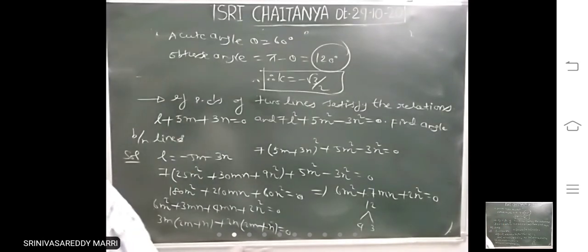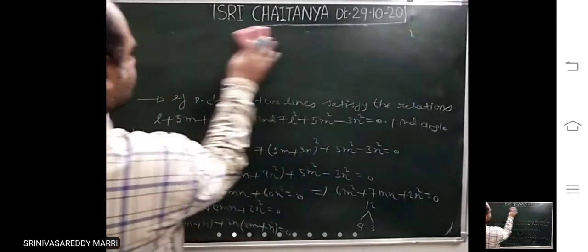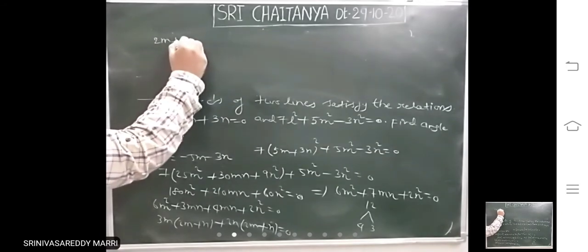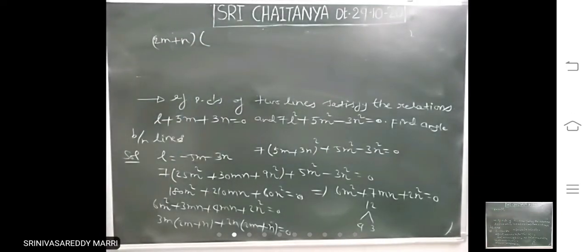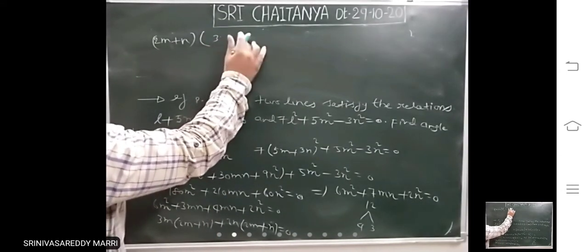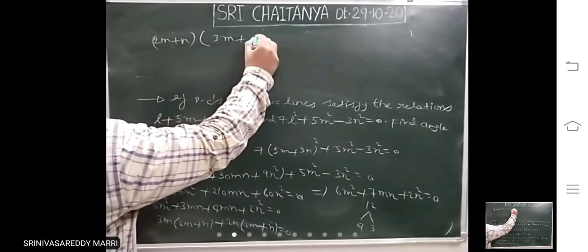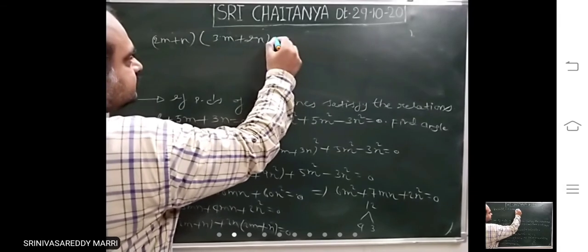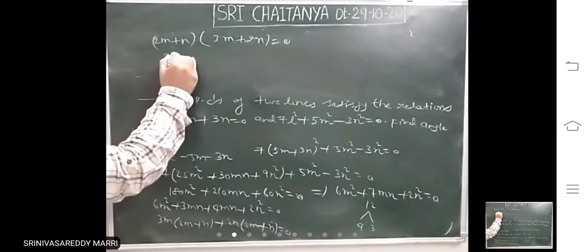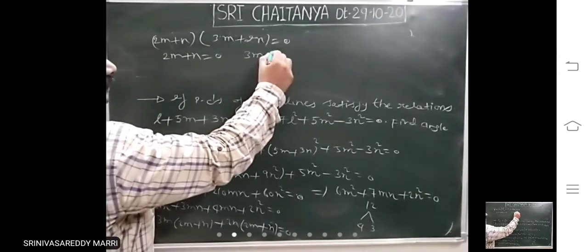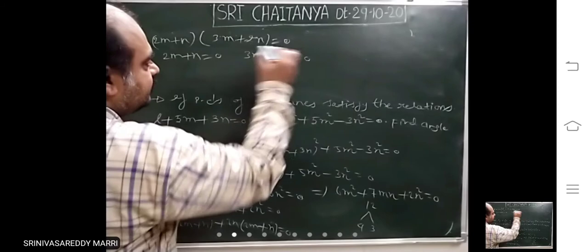Now 2m plus n is common, and you will get 3m plus 2n equal to 0. You will get two conditions: 2m plus n equal to 0 and 3m plus 2n equal to 0.